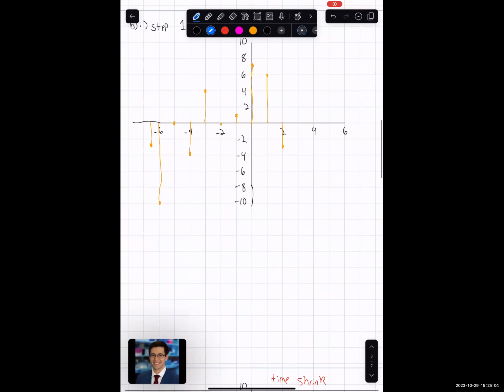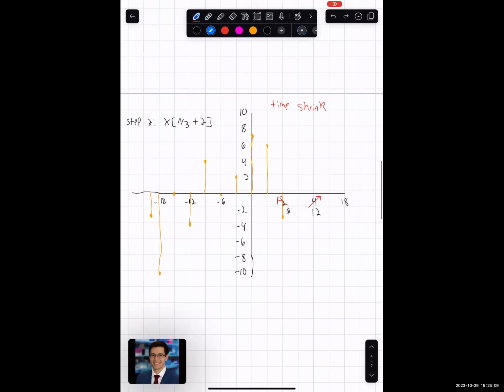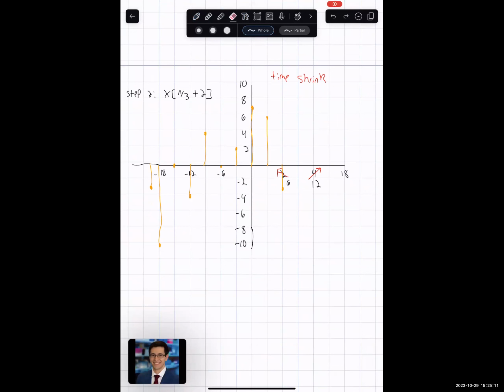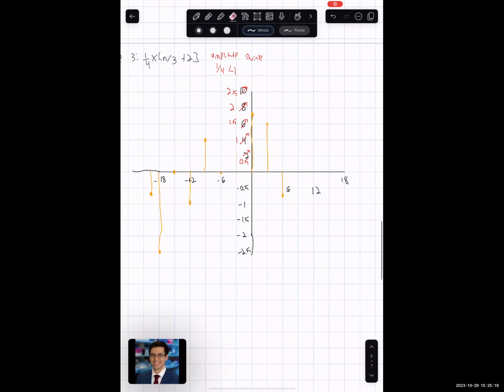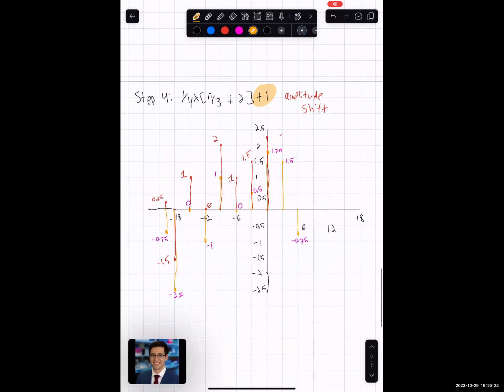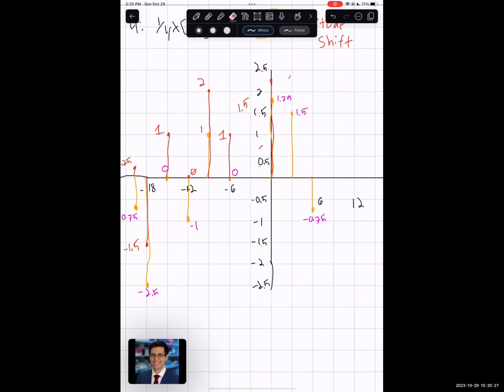Okay, so let's go back quickly and fix this point. So we'll just have to change the amplitude. So this should be 1, guys. And this should also be down here. Okay, so in that case, this is 0.25, right?